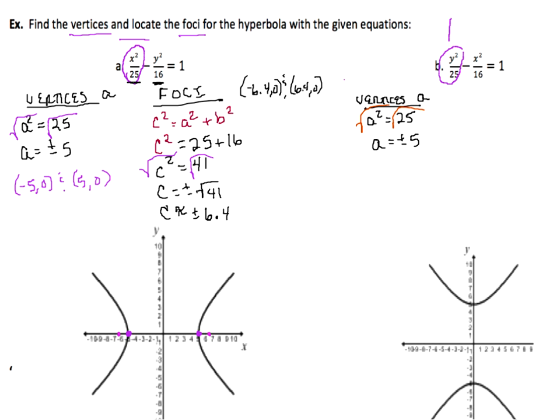So I came back and I took the square root of both sides. My vertices are located at 0, negative 5, and 0, 5 because we're in the vertical direction. So here, our transverse axis is vertical, there and there. So that's why I put the value of A in the Y coordinate spot there. All right, foci.